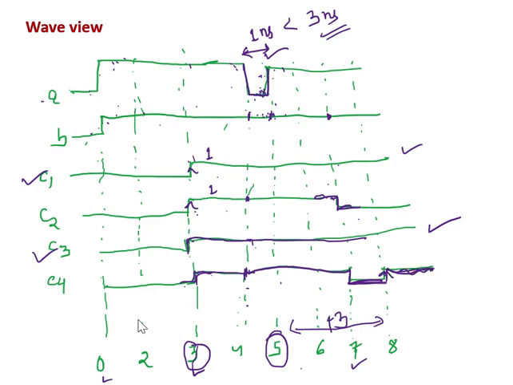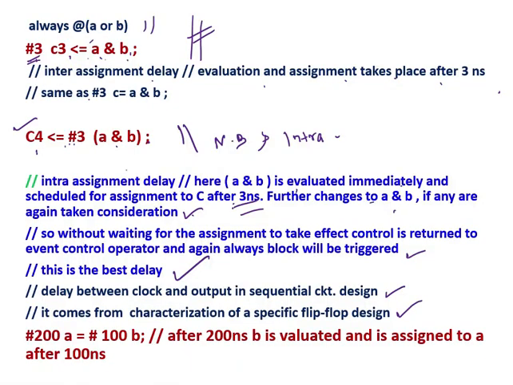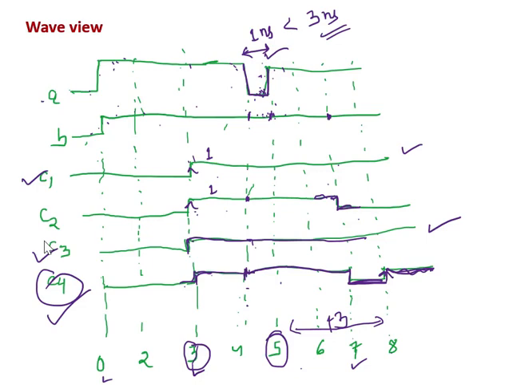So this is the inter assignment delay. This one, hash 3 C4 non-blocking assignment, is the intra assignment delay. In case of C2, we get the first part same as C4, here 1 then 1. But C2, once it is 0, will be continued for another transition.